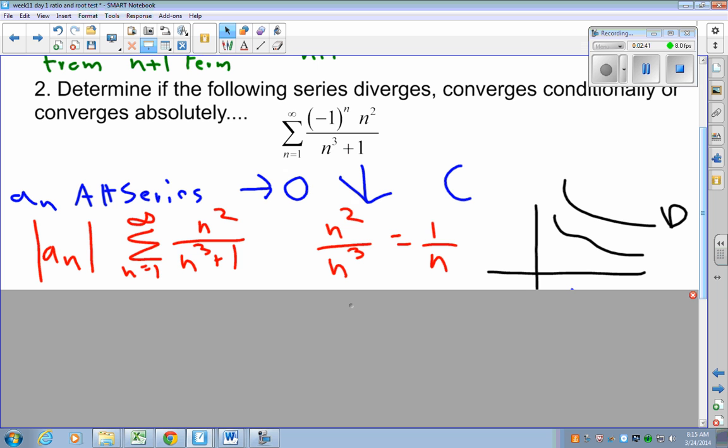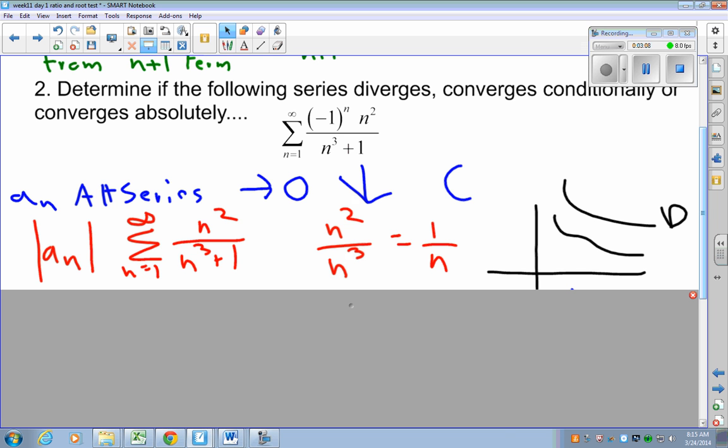So I'm looking at the absolute convergence of the series. So I'm looking at n squared over n cubed plus 1. Notice I took away the alternating series part. That, to me, looks like n squared over n cubed, which is 1 over n.